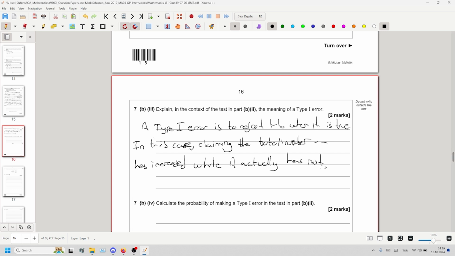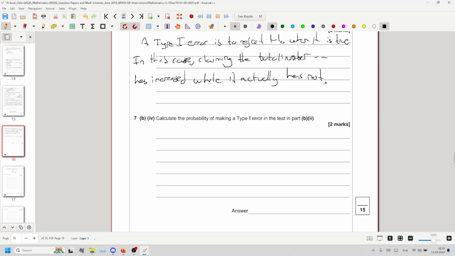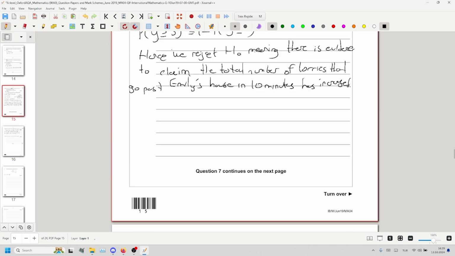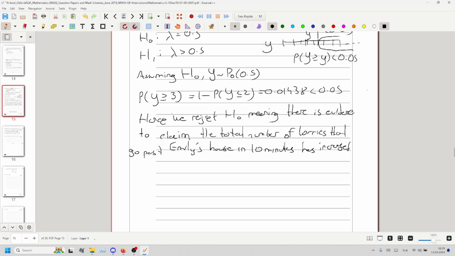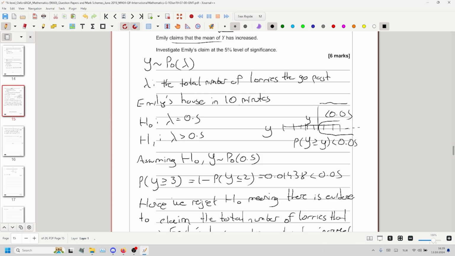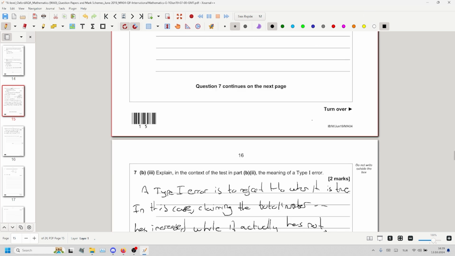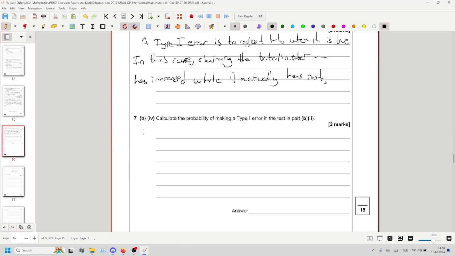So again, it asks us the probability of making a type 1 error in the test. This again isn't too difficult. To make a type 1 error, we have to reject H0, assuming of course H0 is true. So to reject H0, we need to land in this critical region. So we have to find the critical region, meaning the probability that we reject H0.